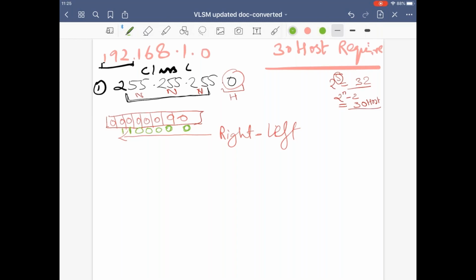And I will convert the first 3 bits into 1s, because my requirement is only 30 hosts, and if I borrow or take only 5 bits from the last octet, from right to left, I can fulfill my requirement.